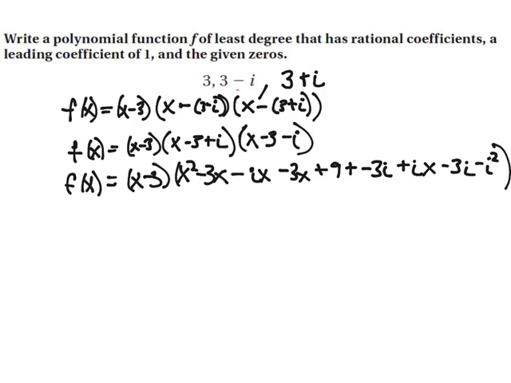All our i's will cancel, so ix's cancel, the 3 i's cancel, this negative i squared becomes plus 1.